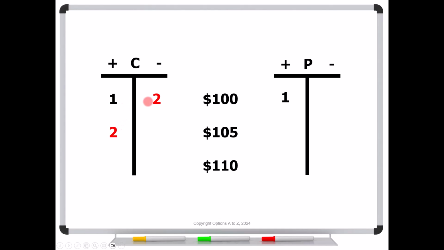But take a look at what happens when we place those two verticals. We get some cancellations here, and we are left with just one short call, and we still have our one long put. And what is that? Well, that is a synthetic short stock position. Okay, so if you're not familiar with your synthetic positions, I do have several videos in this forum talking about synthetics.